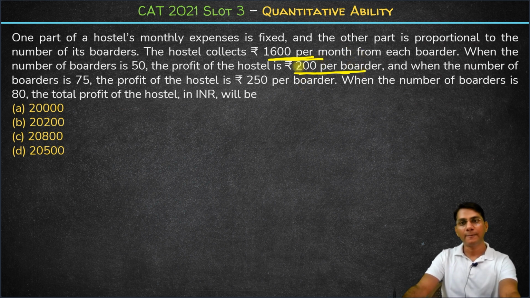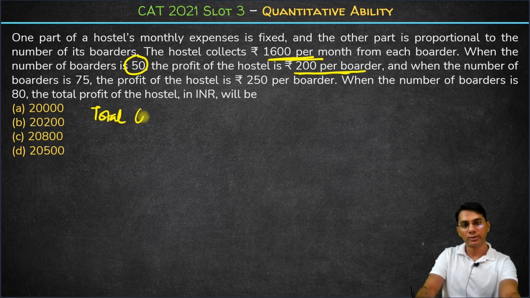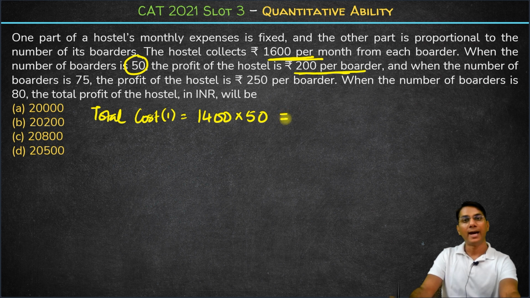So in the first case, the cost per boarder is 1400 rupees, right? When there are 50 boarders. So the total cost in the first case will be 1400 is the cost per boarder and there are 50 boarders. So this is the total cost, and this total cost will be equal to the fixed expense per month of the hostel plus, let's say, the variable cost per boarder is X. So for 50 boarders, the variable cost will be 50x.